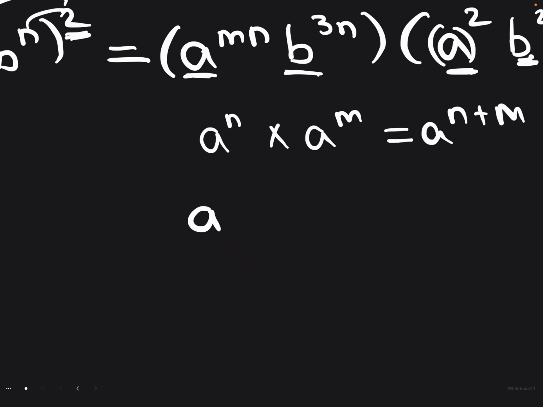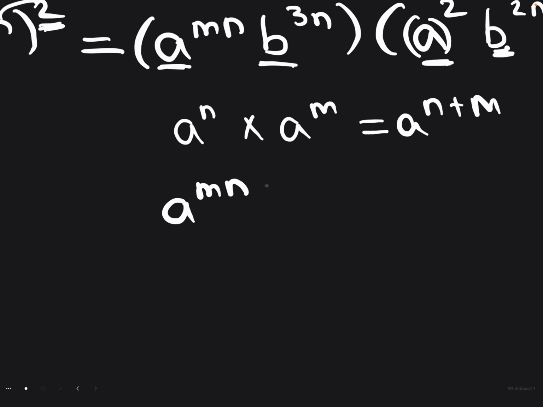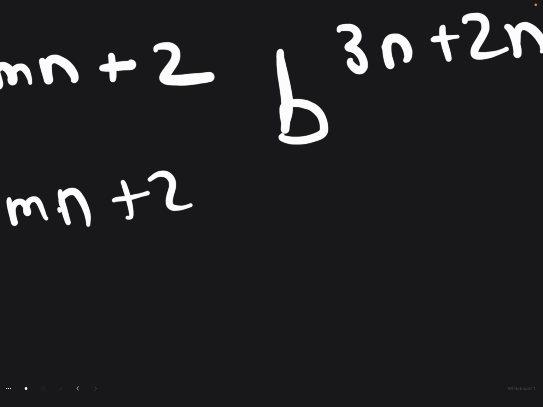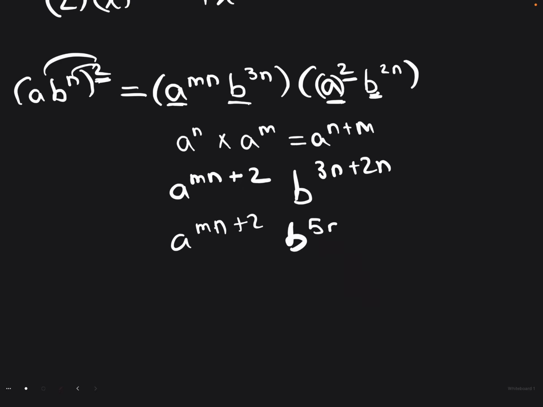So here we're going to do a to the mn plus 2, because this one has an exponent of 2. Here we're going to do b to the 3n plus 2n. This eventually becomes a to the mn plus 2, and this becomes b to the 5n.